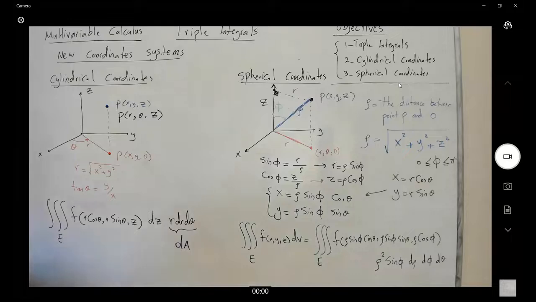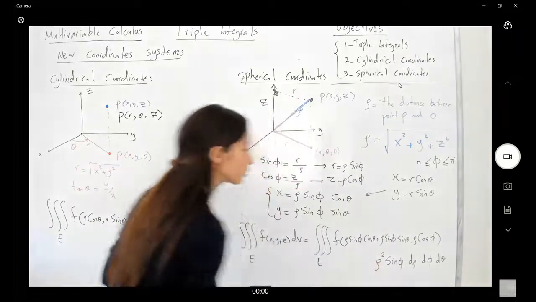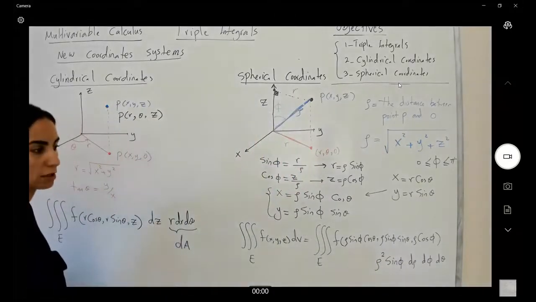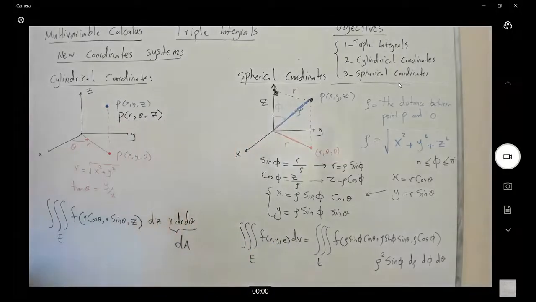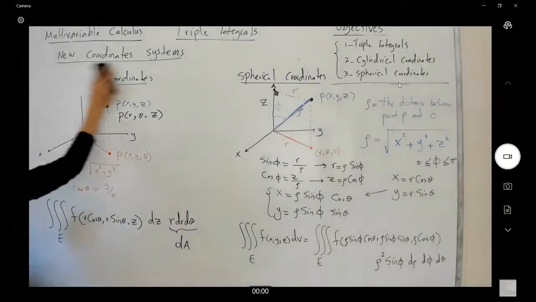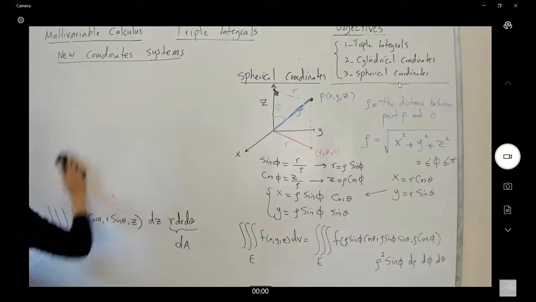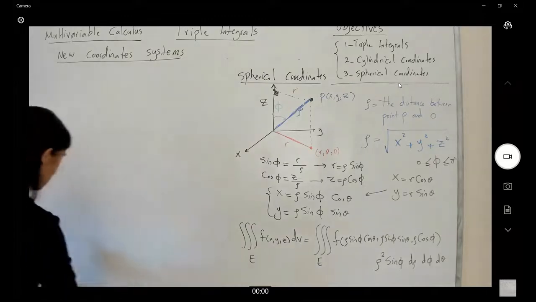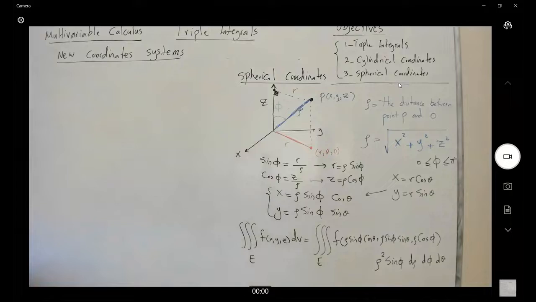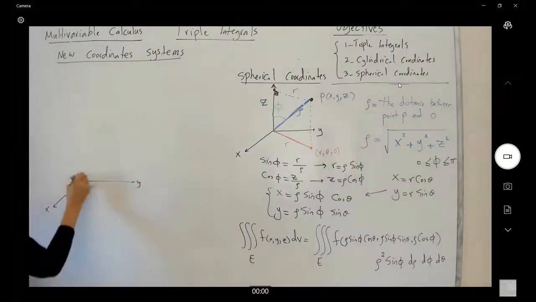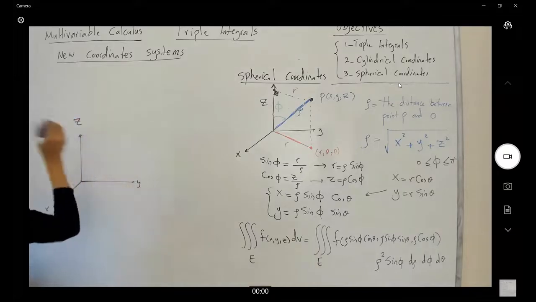A little bit of a proof for you of how we get rho squared sine phi d rho d phi d theta as dV. Very well. So suppose you have the x-axis, y-axis, and z-axis in space.